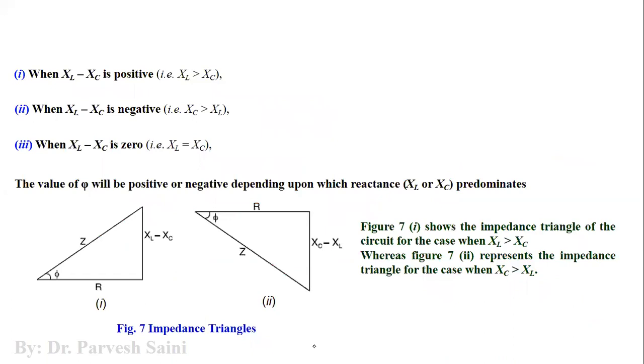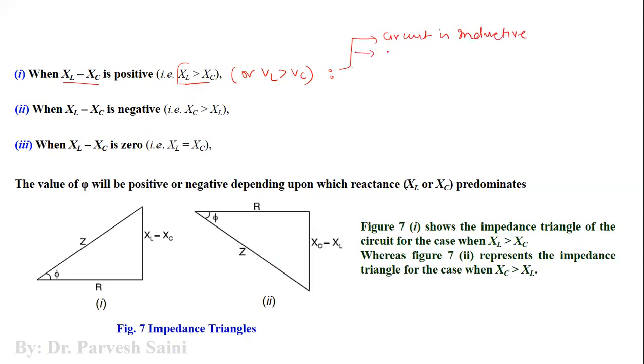Now let us move further. We have already discussed these three cases. If XL minus XC is positive, it will be positive when XL is greater than XC, or VL is greater than VC. So in this case, as you can see, your circuit is inductive.